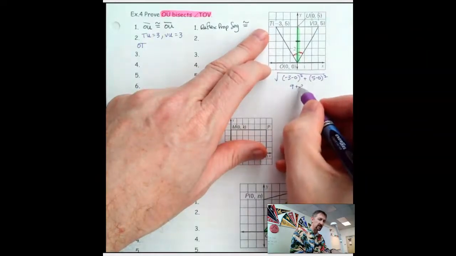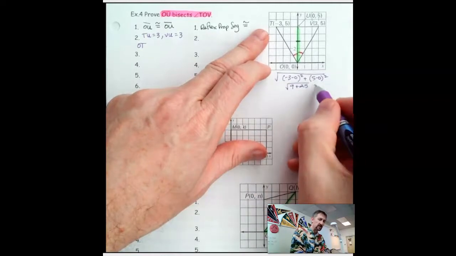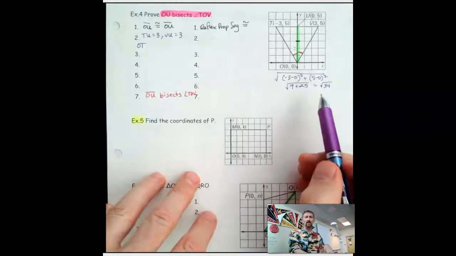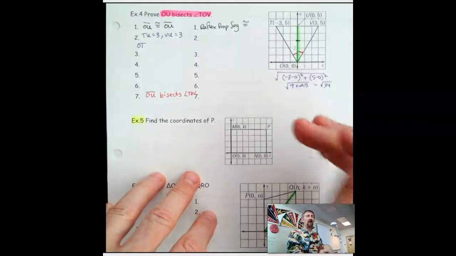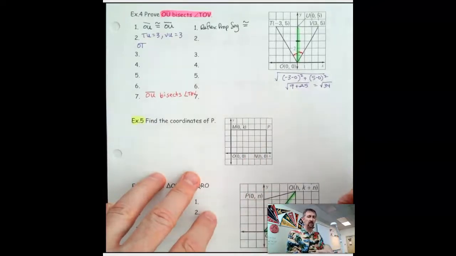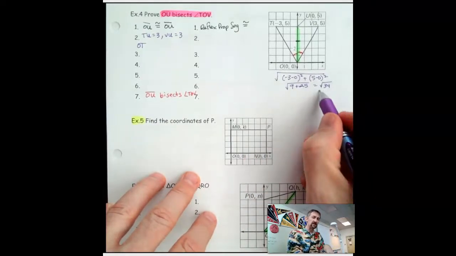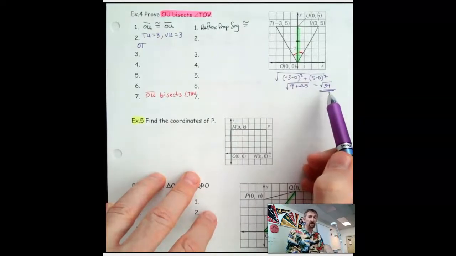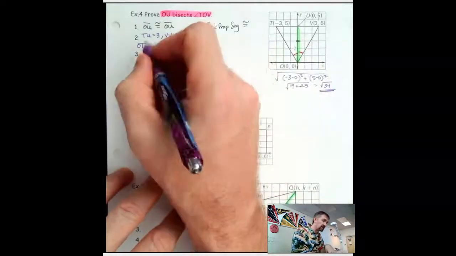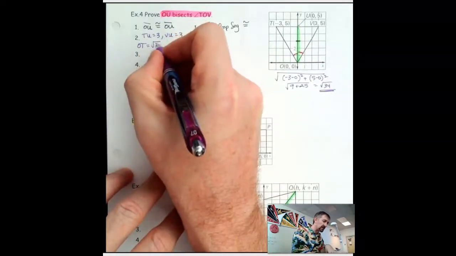That's going to be 5 squared, which is 25. So that's going to be root 34. Now on your assignment, some of you are putting decimals. We don't. I know the back of the book usually has decimals, and so you could do the decimal to check your answer in the back of the book, but we normally want stuff in simple radical form. So that doesn't reduce. Yes, it's 2 times 17, but those aren't perfect squares, so we're just going to leave that root 34.